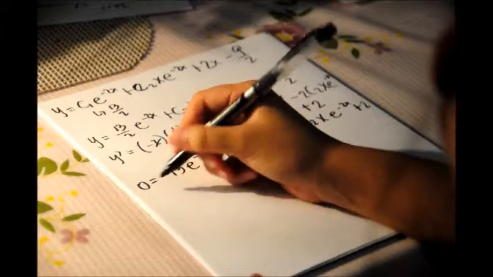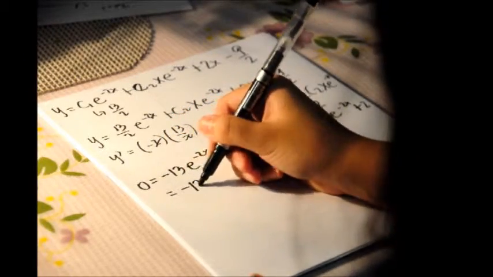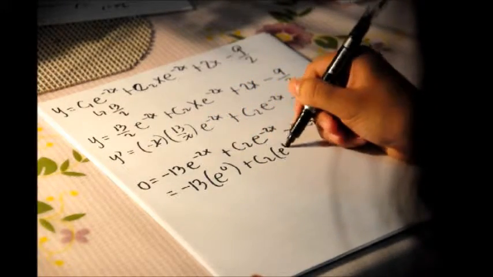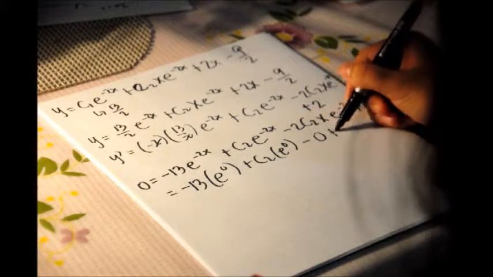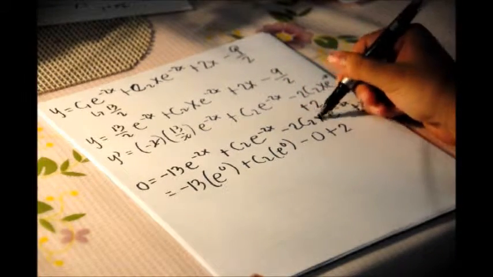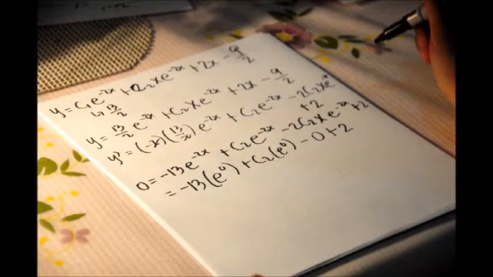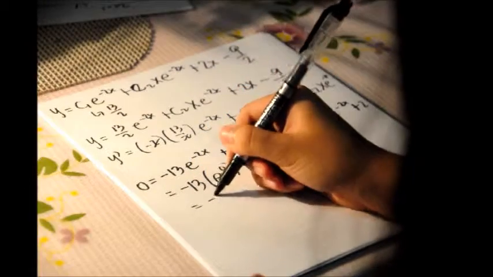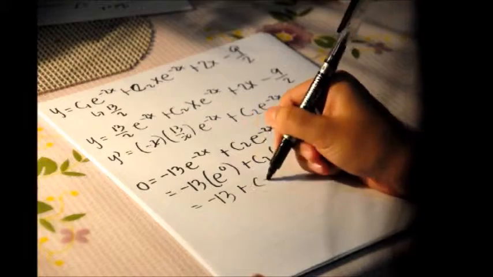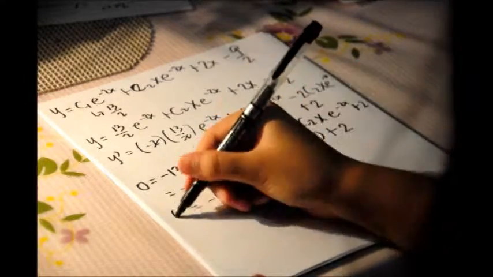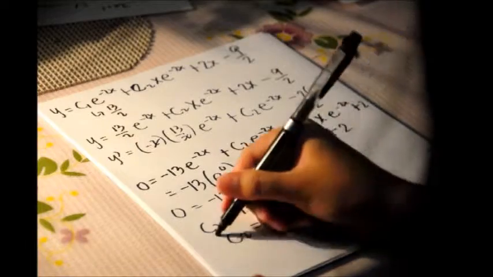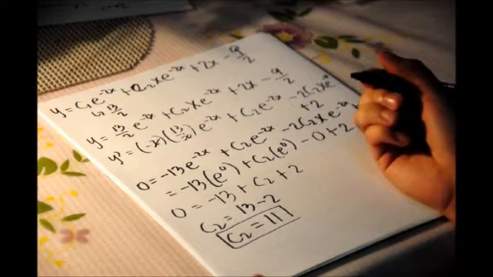So now it becomes negative 13 e to the 0 plus c2 e to the 0 minus 0 plus 2. This was 0 because x is equal to 0. Remember that. So now we have negative 13 plus c2 plus 2 is equal to 0. So c2 in short is equal to 13 minus 2. So c2 is 11. So we have now the value of c2.